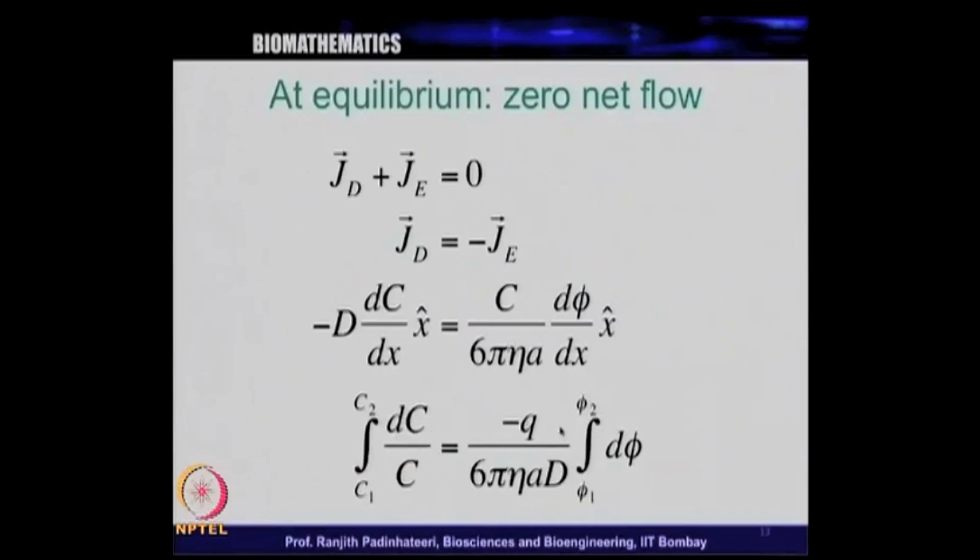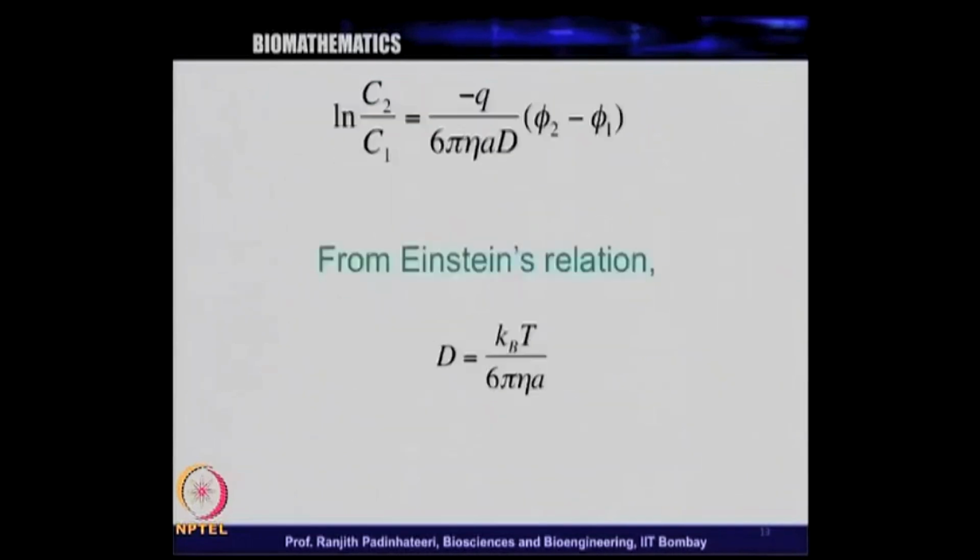So, you can integrate like this, and you essentially end up with this integral. So, what would this lead to? If you do this algebra, what you get is that ln C 2 by C 1 is equal to minus q by 6 pi eta a d into phi 2 minus phi 1.